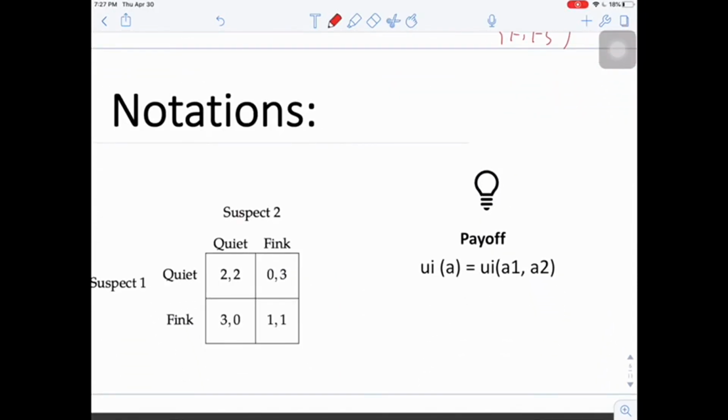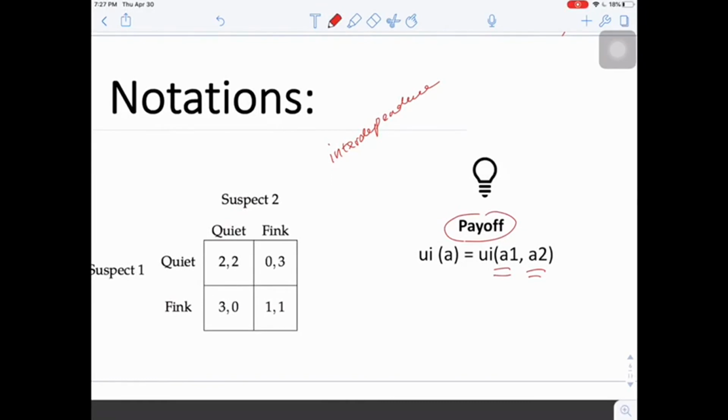Another very important notation is the payoff function. As I have mentioned, in game theory, the most important characteristic is interdependence. So my utility, my payoff, depends on my action and the action of another player. For example, I choose to be quiet, and player 2 also chooses to be quiet.